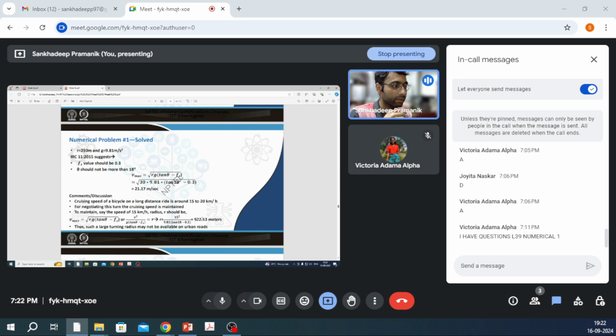Okay, this is actually in another context. It is saying that the cruising speed of a bicycle on a long distance ride is around 15 to 20 kilometers per hour. So people who are going maybe for a joyride, or going a far distance, sometimes maintain a speed of 15 to 20 kilometers per hour, which is quite high compared to the normal speed of 5 to 15 kilometers per hour. But it is also saying that to maintain a 15 kilometer per hour speed, a large radius is required.